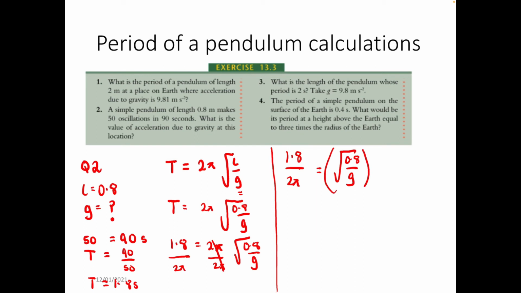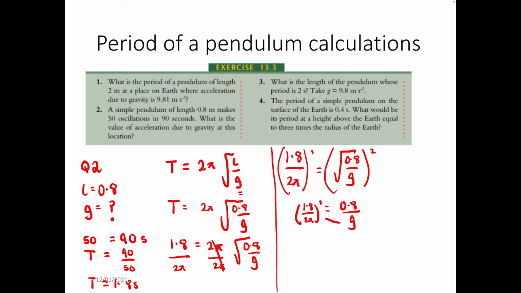To solve for g, I need to get rid of my square root. To move the square root, I square both sides of my equation. This gives me 0.8 over g is equal to 1.8 over 2 pi, all squared.